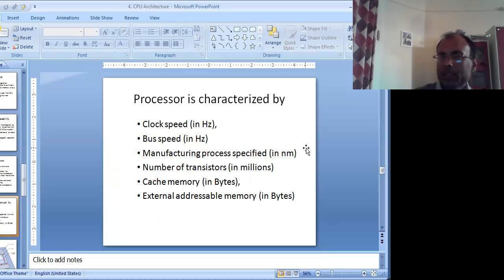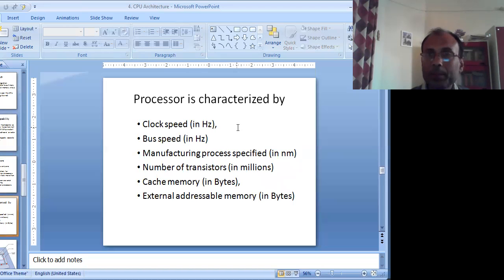A processor is characterized by different parameters, such as clock speed. The CPU has a clock inside it, so whenever we see a quotation like 2 gigahertz processor, this is the clock frequency. Then bus speed: the CPU has buses inside it, that means interconnection lines, which communicate between the different components inside the CPU.